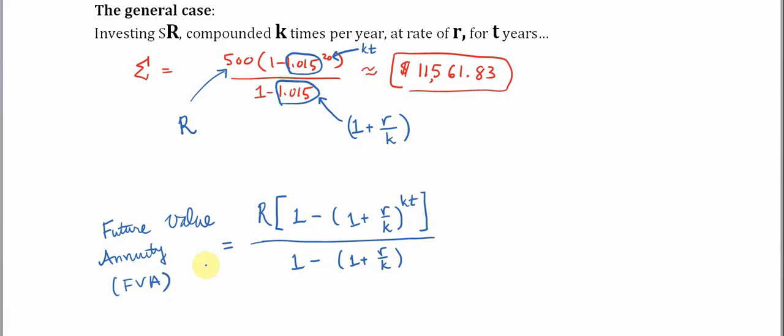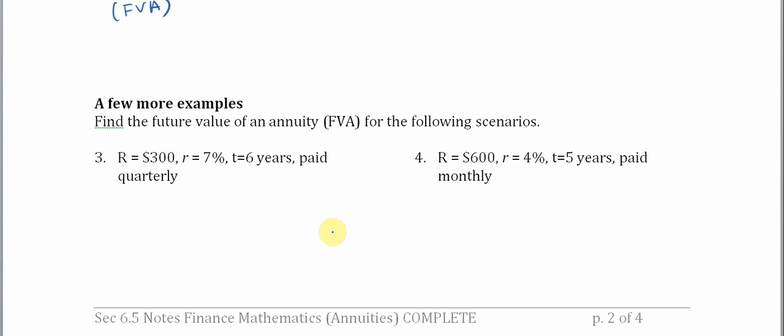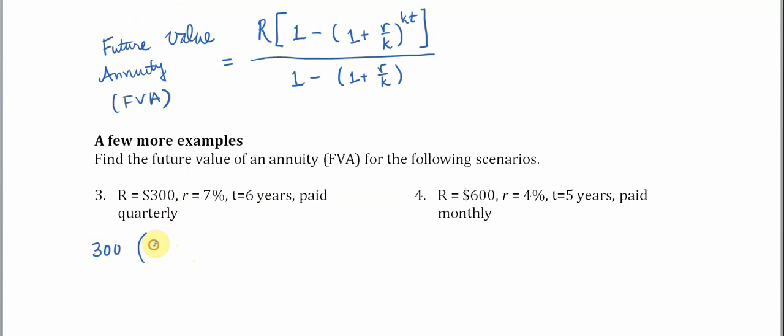Just to get a little bit of practice, let's do a couple more of these. Let's say that we had $300 invested at a 7% rate for 6 years, paid quarterly. How would we calculate that? Well, that's big R, so that's 300 multiplied by 1 minus (1 plus 0.07, that's our interest rate, paid quarterly so over 4) raised to the 4 times 6, because we're doing this for 6 years.